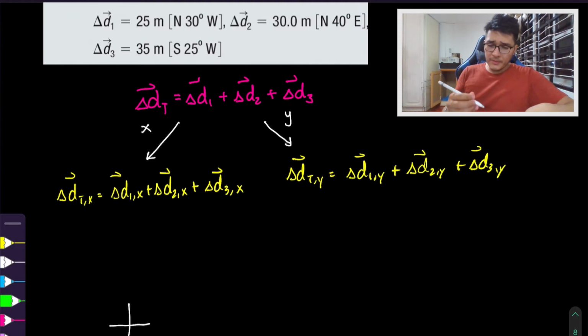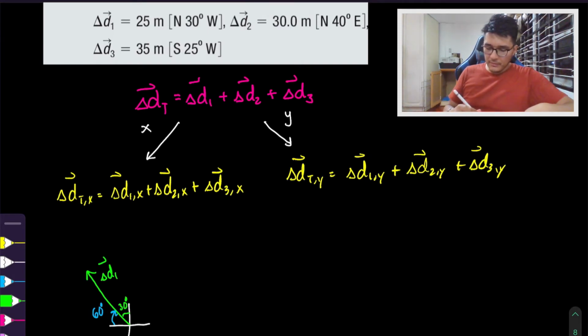So the first displacement, north 30 degrees west. So that's 30, then closest to the x-axis would be 60. So this makes our life a lot easier, you'll see.